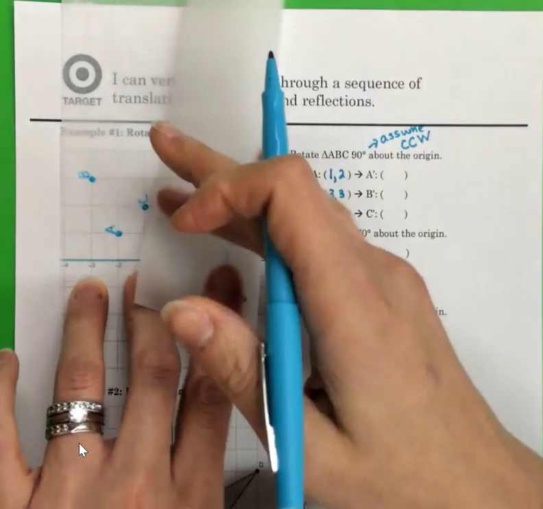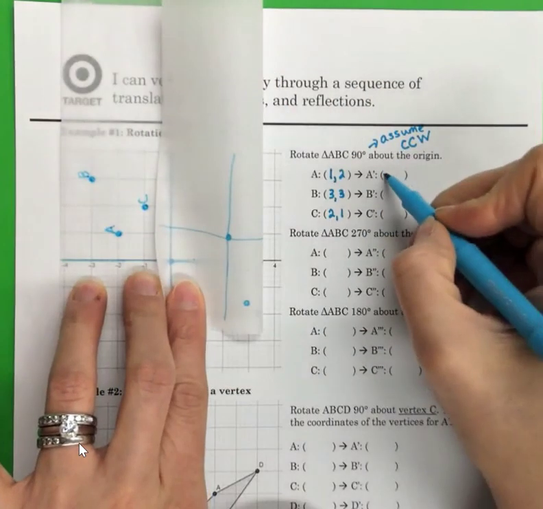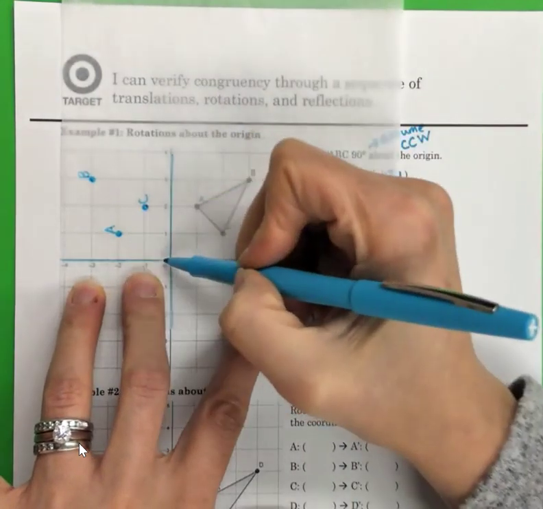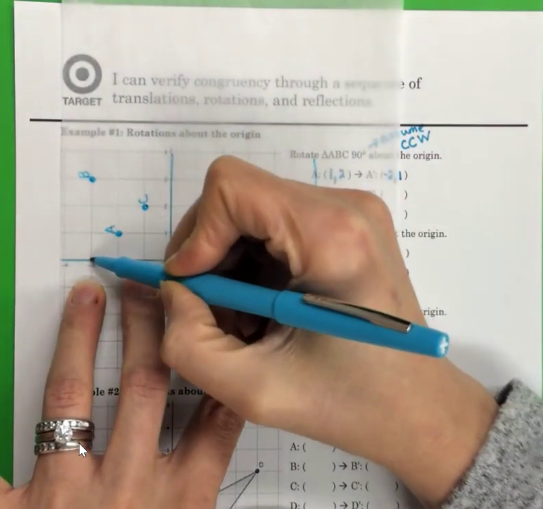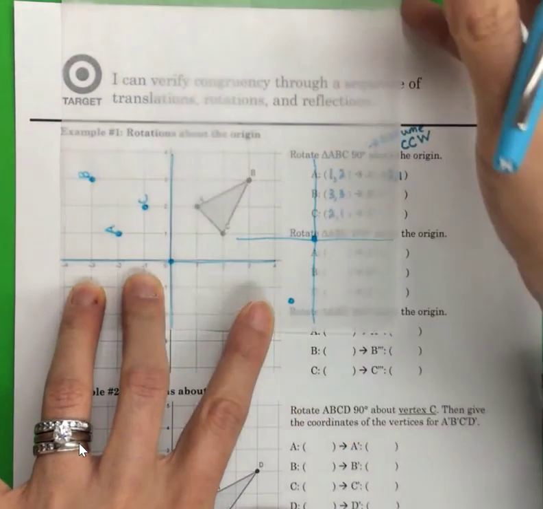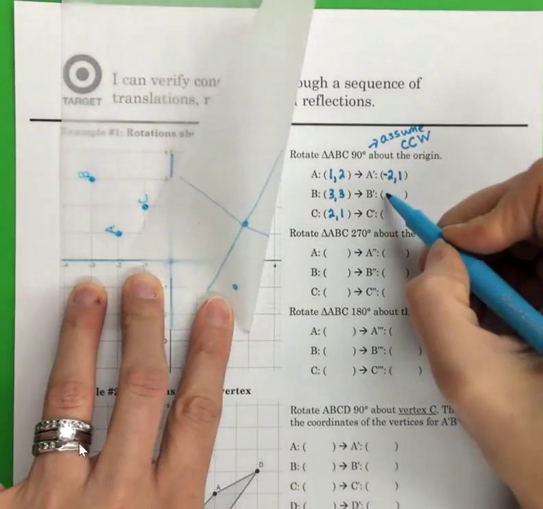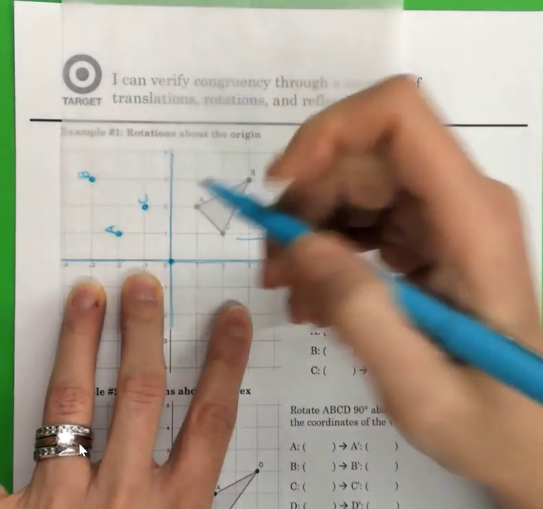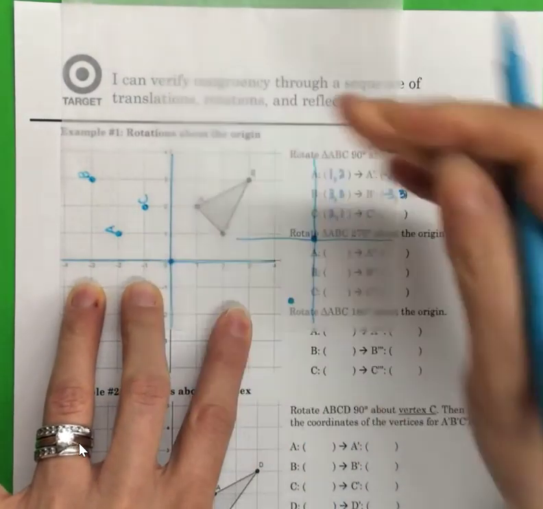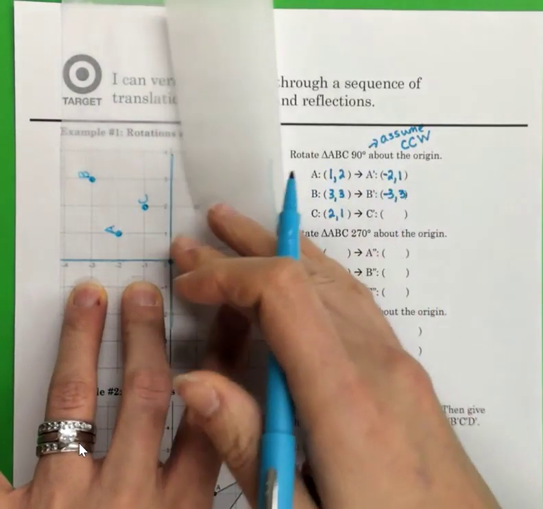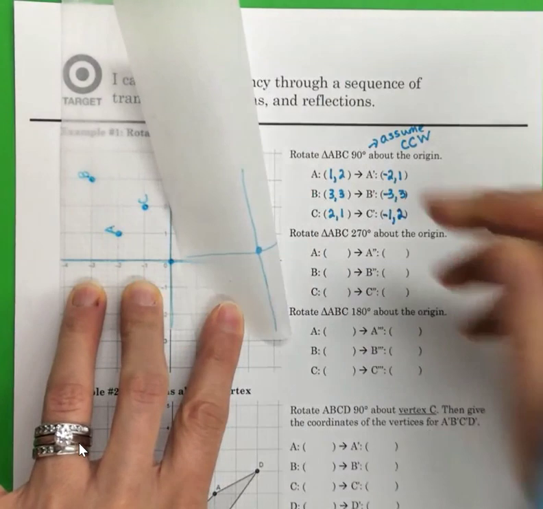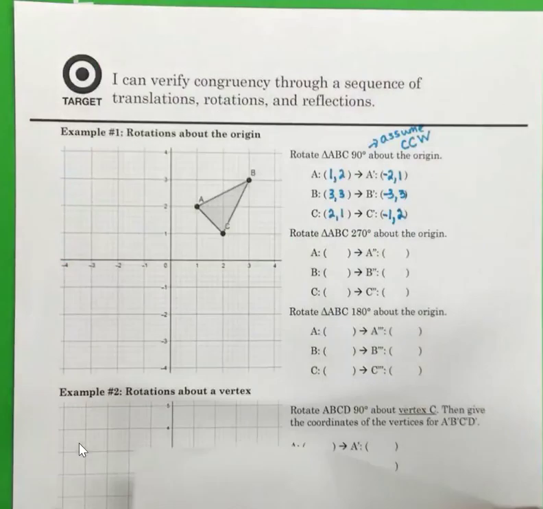I'm going to record that here. B maps to (-3, 3). And C maps to (-1, 2). And then I can remove my paper and actually record those.